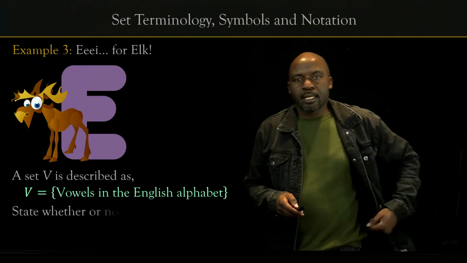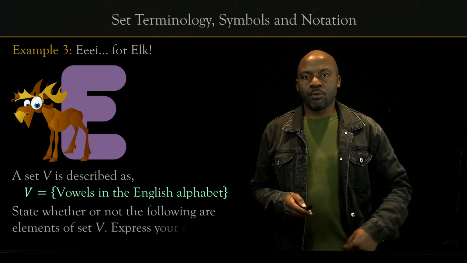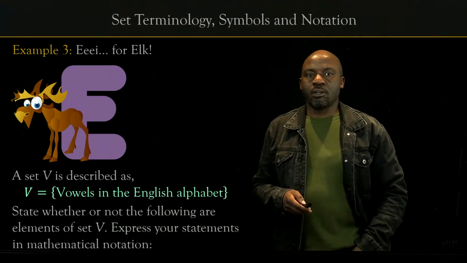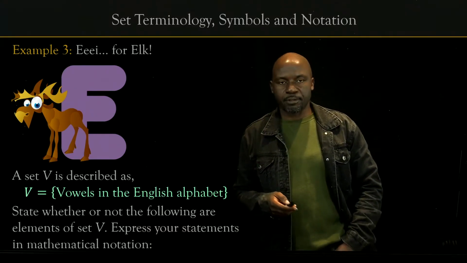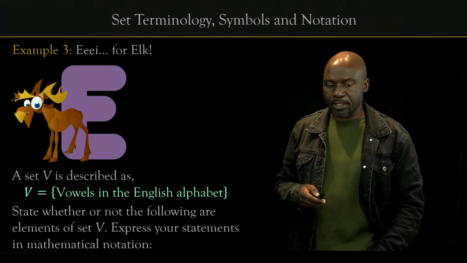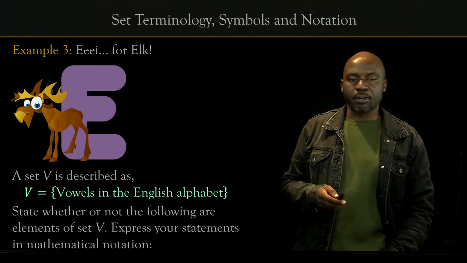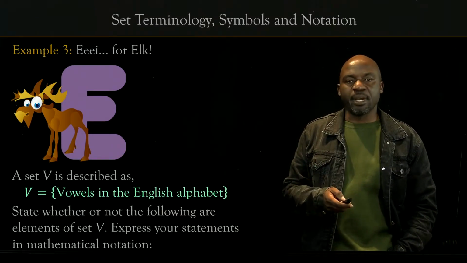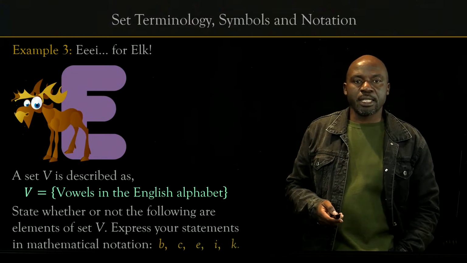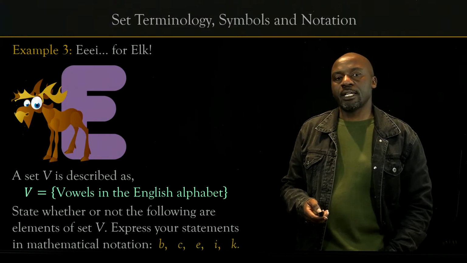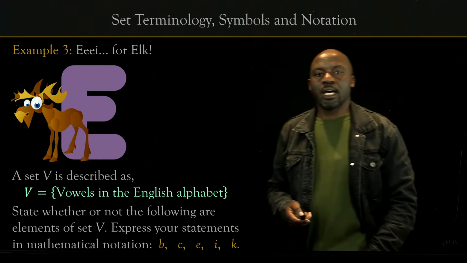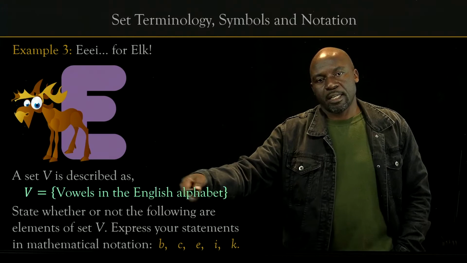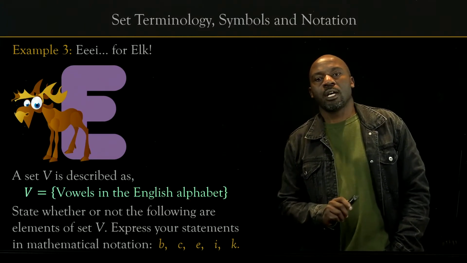The question is, state whether or not the following are elements of set V. Express your answer or your statement in mathematical notation. So use the notation we've discussed already to try and categorize these objects as to whether they are in the set or they are not elements of the set. So we have B, C, E, I, K, right? You can pause the video and decide whether these objects are in the description stated for set V.